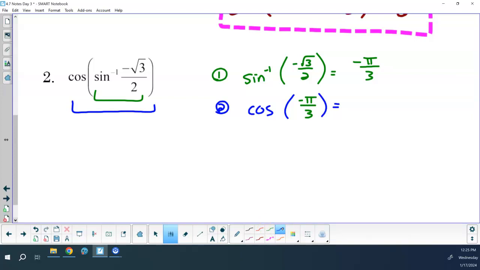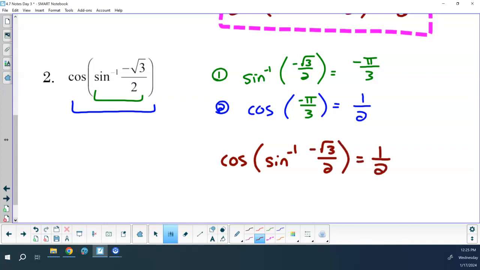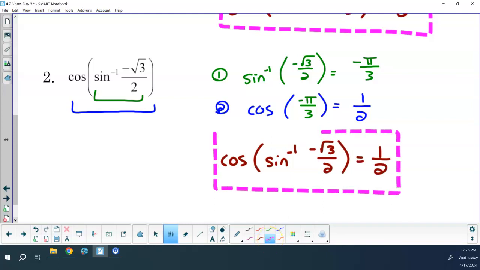Cosine down there is also 1/2. So the cosine of the inverse sine of negative root 3 over 2 would be 1/2. Agree? Love it.